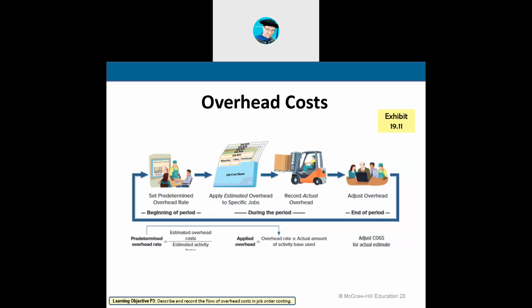So from our earlier example, $1,000 of direct labor times the 160% gives us a total applied overhead of $1,600.